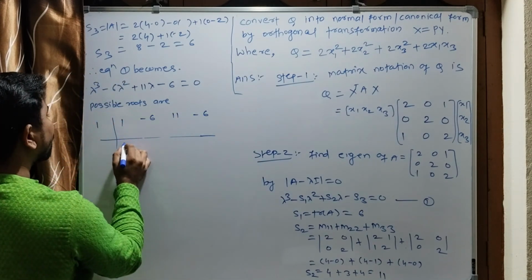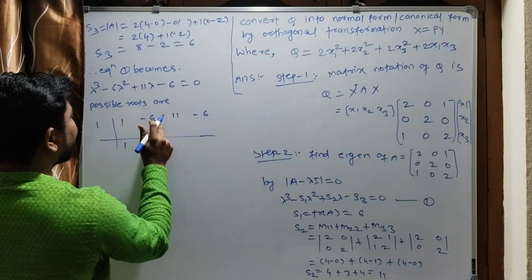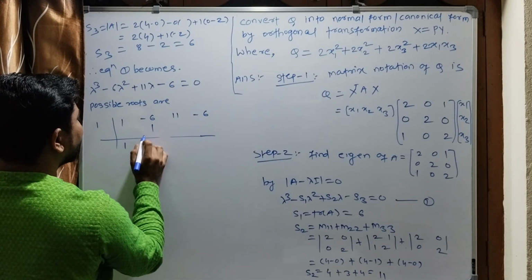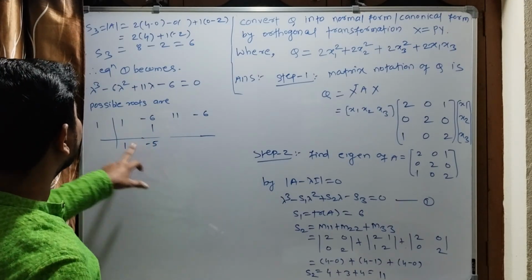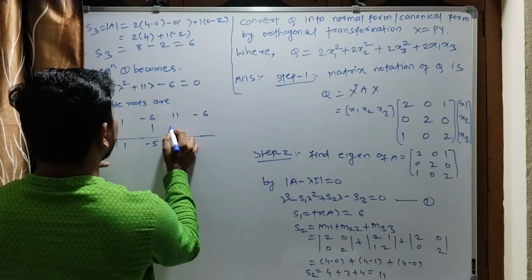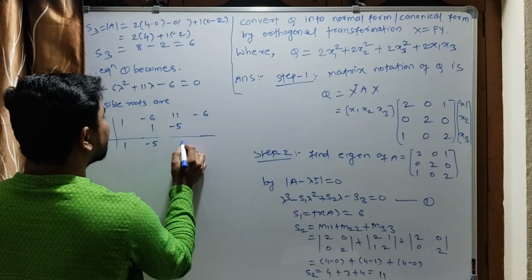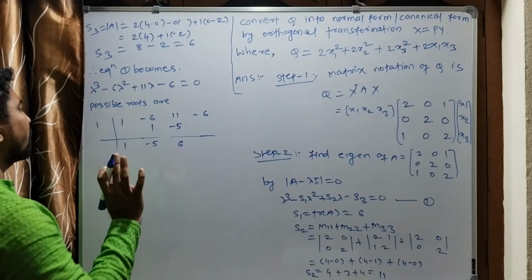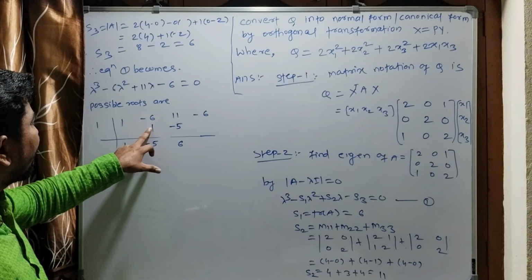Write the first coefficient 1 as it is, multiply it with 1, and add to the next coefficient.